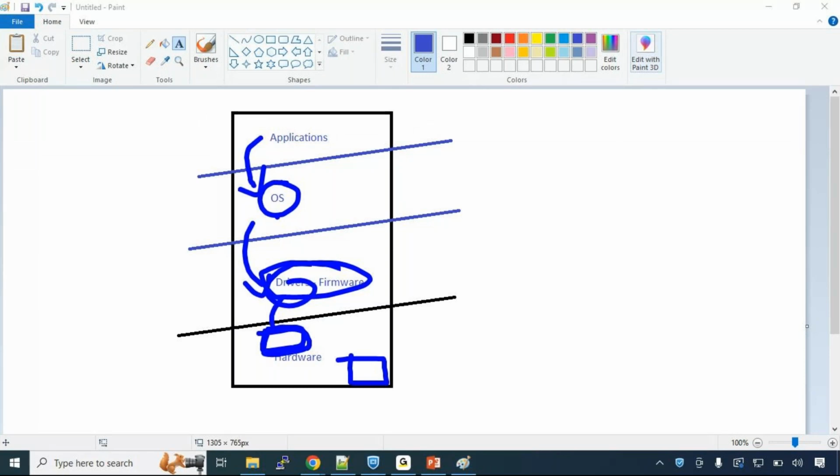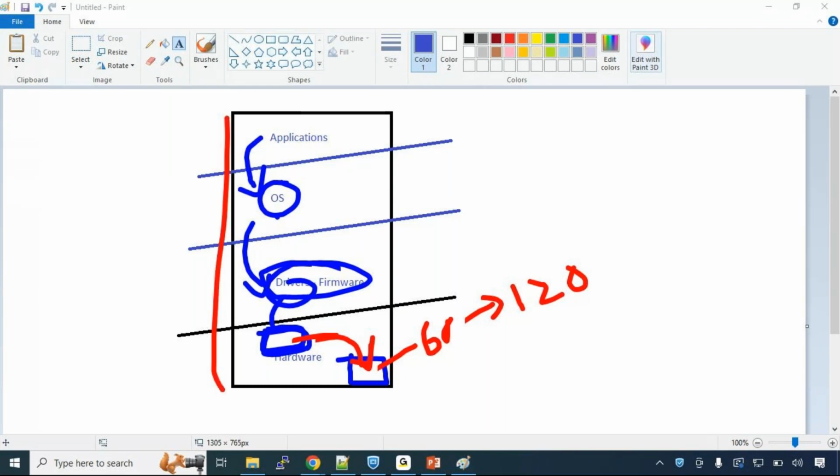There is a processor, and at the bottom what is there? The display subsystem. It goes and programs the registers inside it. It will generate a transaction to program the registers from 60 to 120. Because you have changed the register value to 120, my system will now work with a display off time of 120 seconds.